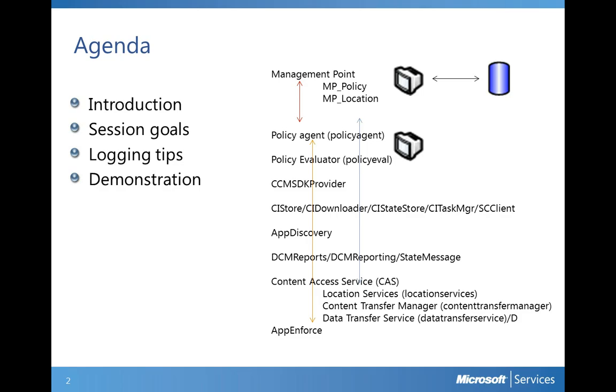I've said before that application deployment in ConfigMgr 2012 really does have some similarities to software updates, and it does. It uses the same engine, right? Software updates utilizes configuration items. DCM, as it was in ConfigMgr 2007, compliance settings in 2012, utilizes configuration items.